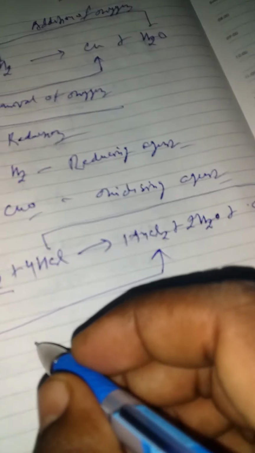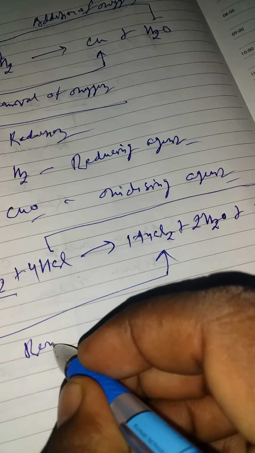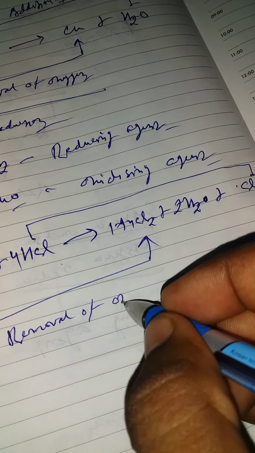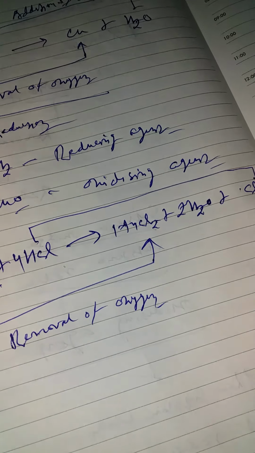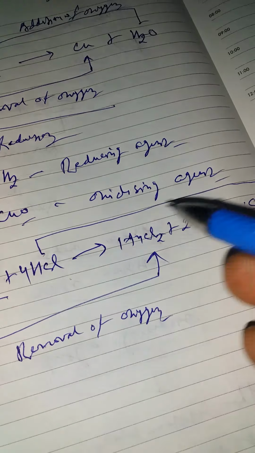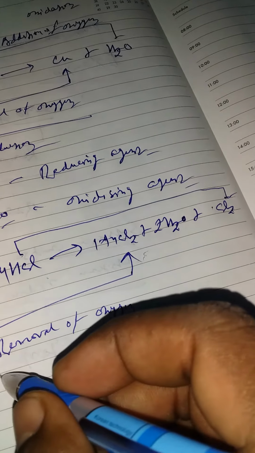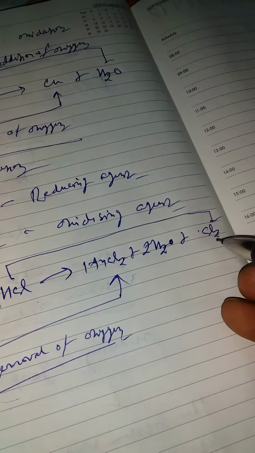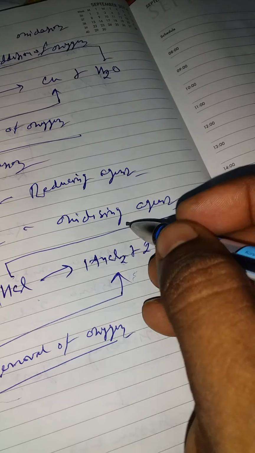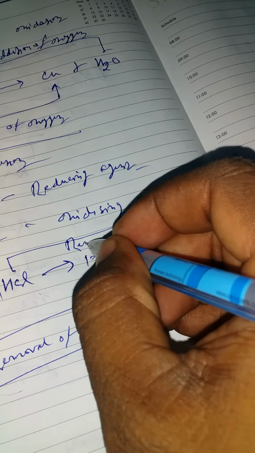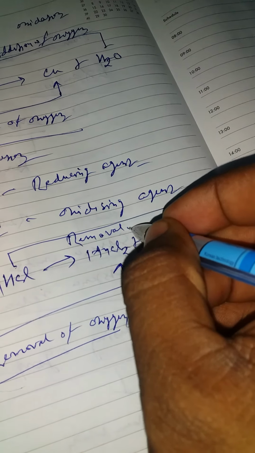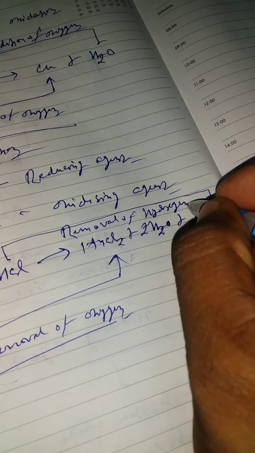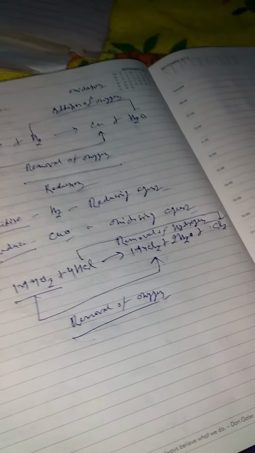Here we see removal of oxygen, because MnO2 converts into MnCl2, and HCl converts into Cl2, that means removal of hydrogen.